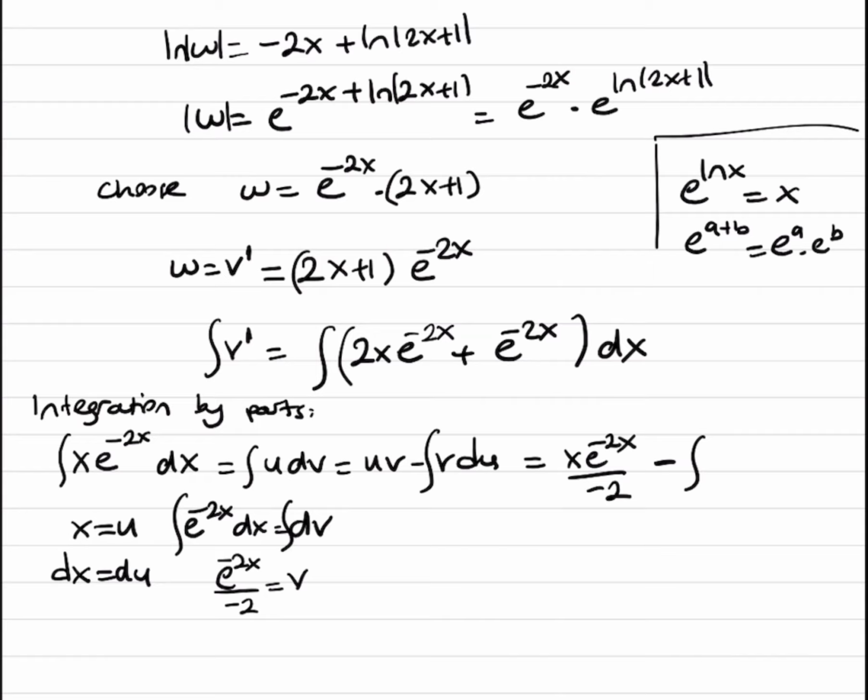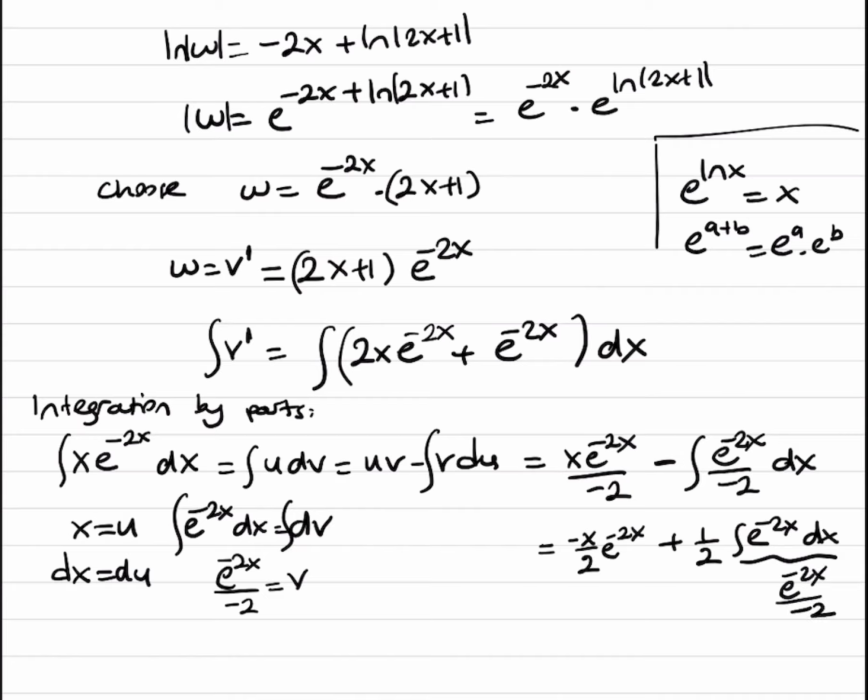What is v du? So this is minus x over 2 e to the power minus 2x plus 1 over 2 times the integral of e to the power minus 2x dx, and here is over minus 2, so the answer is minus x over 2 e to the power minus 2x minus 1 over 4 e to the power minus 2x plus c, but choose c equal to 0.